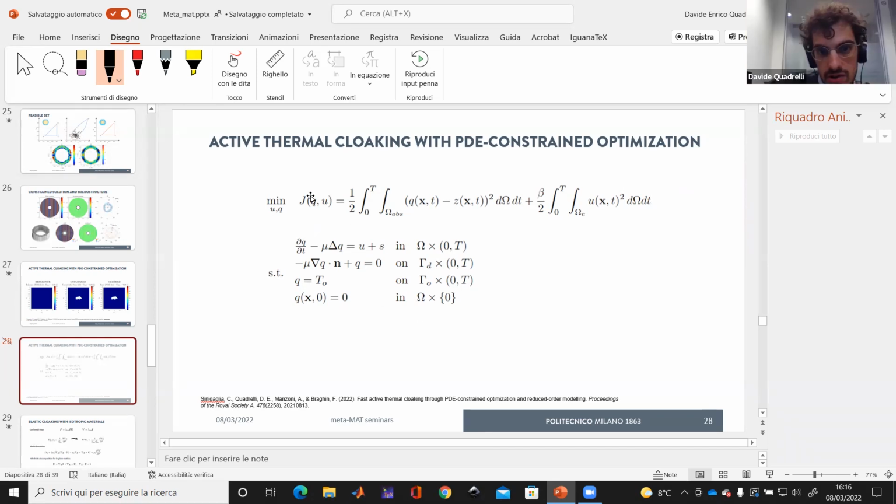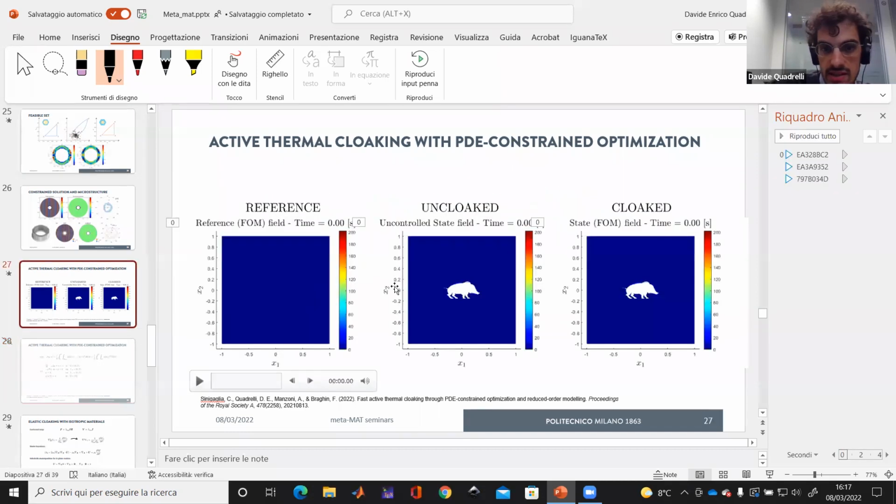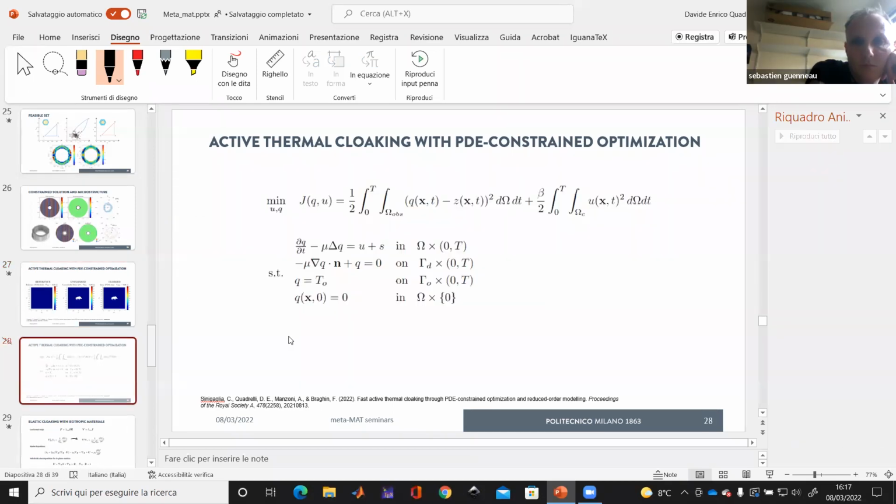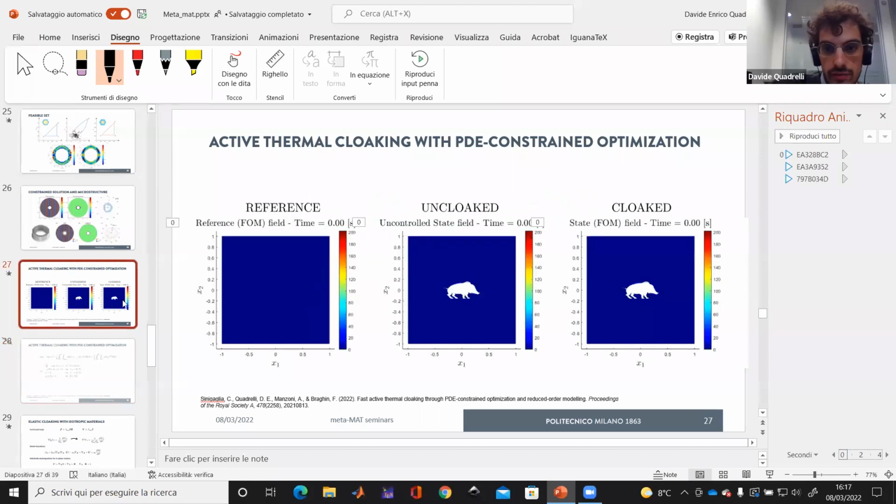So you have the cost functional, and in this case you are also considering time, so an integral in time other than space, and you have the heat equation with its boundary conditions, and you have two sources. One is S, the external source you want to cloak, and one is U, a distribution of sources which you put around the obstacle.